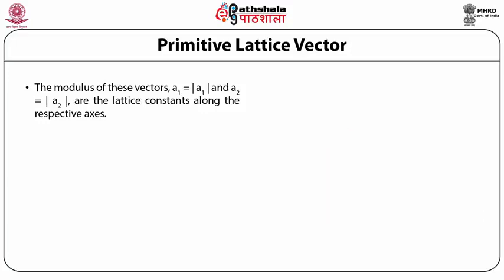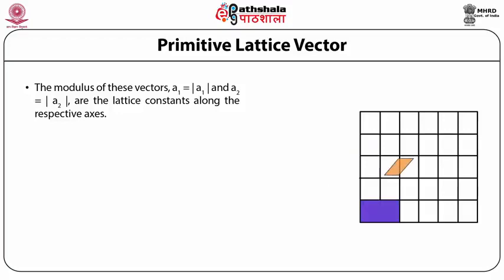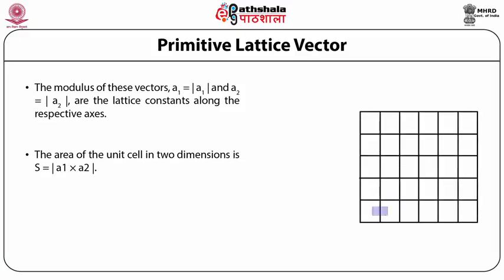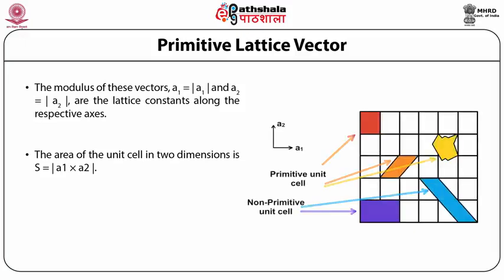Here a1 and a2 are two primitive vectors which you have defined, and our lattice cannot be smaller than that. The idea is that the area of this lattice is the smallest possible area of a given cell, which you also call a primitive cell.